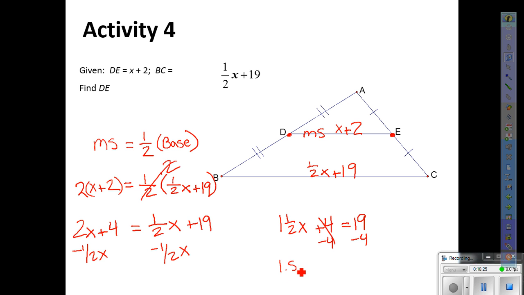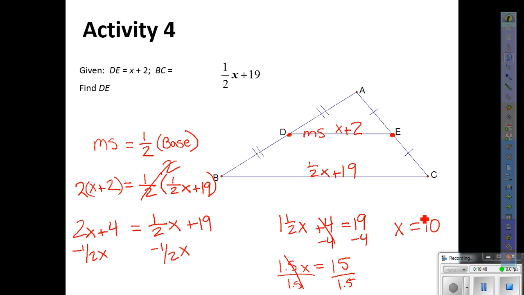So 1.5 x is equal to 15. If I'm going to divide both sides by 1.5, the 1.5s will cancel out, and x is going to be equal to 10.